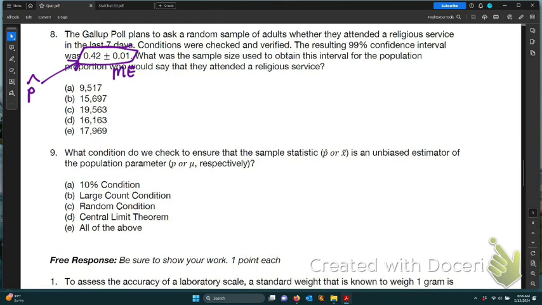Okay, so we have a 99% confidence interval here. And so it says, what was the sample size? Was the sample taken? It sure was, and we want to know what the sample size was.